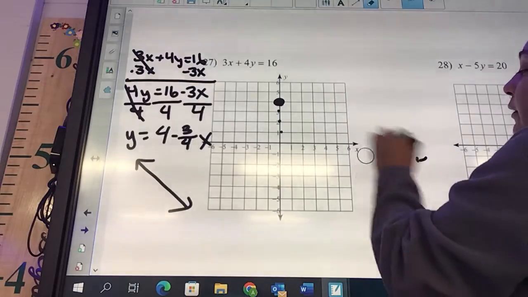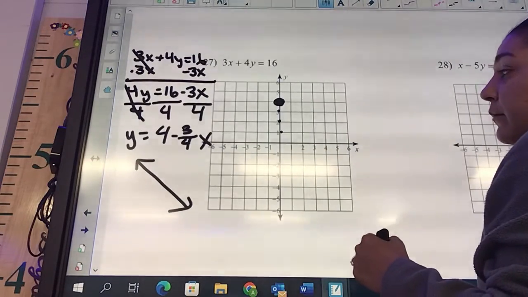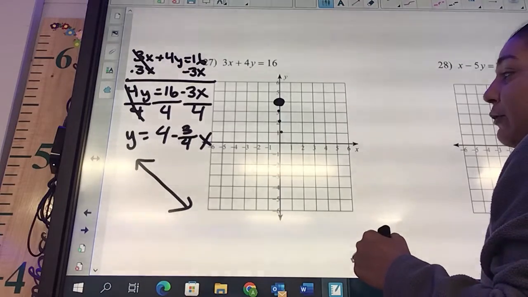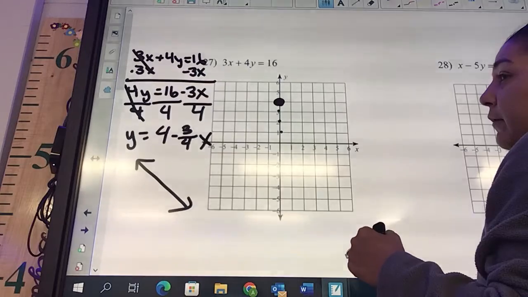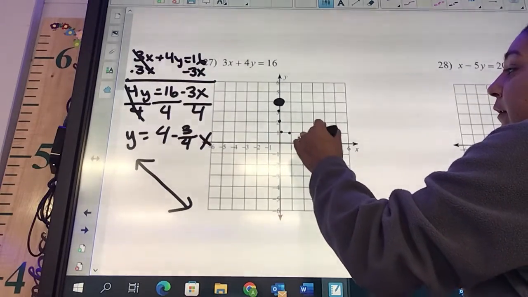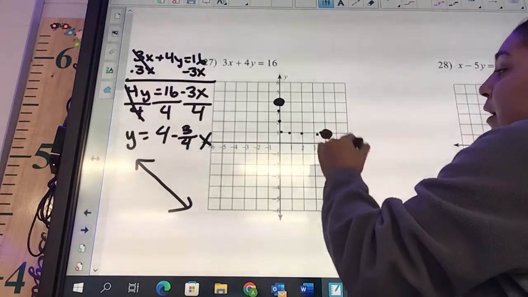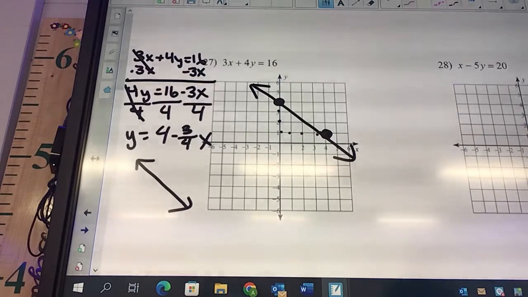Which way? You guys are telling me different things. I don't know what to do. It's the right? Yeah. It is definitely the right. What happens if you go to the left? Yeah, it would be a positive slope. Okay.